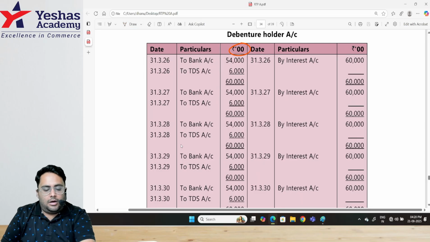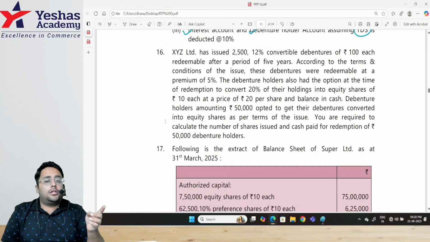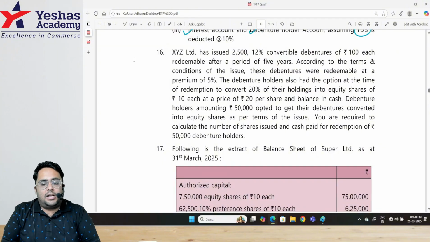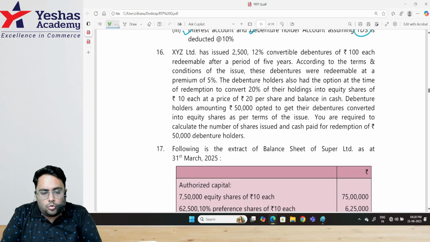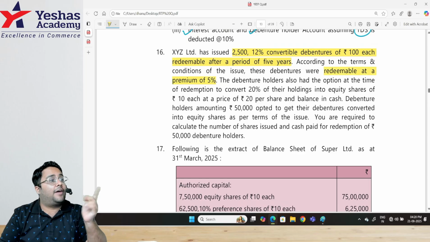Okay. Come down to the next question. I want you to solve this question. Everybody on the board. XYZ Limited has issued 2,500 12% convertible debentures of 100 each, redeemable after a period of 5 years. According to the terms of the issue, these debentures were redeemable at a premium of 5%.